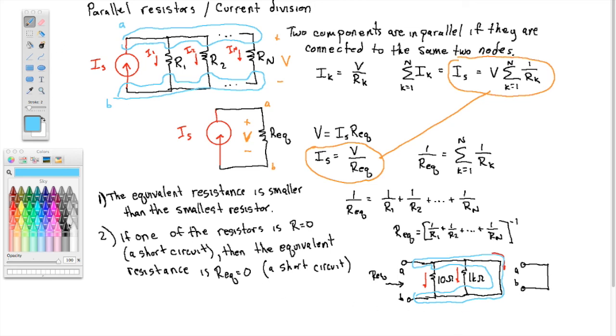Okay, and then there's a third property that I want to mention here. Just kind of a quick idea, a quick calculation.